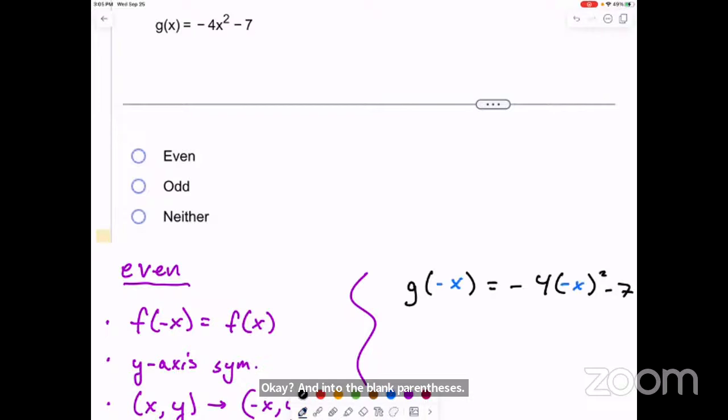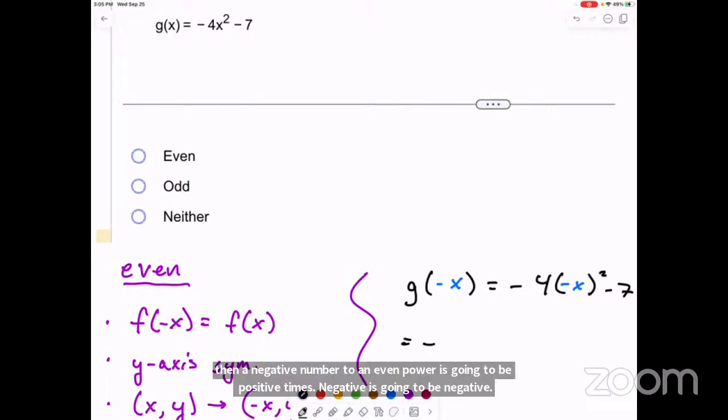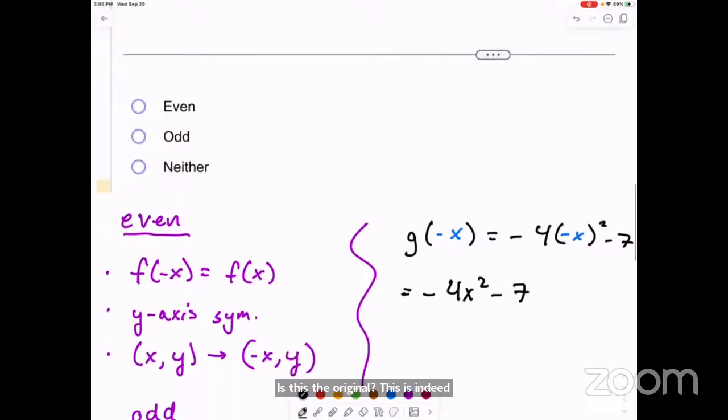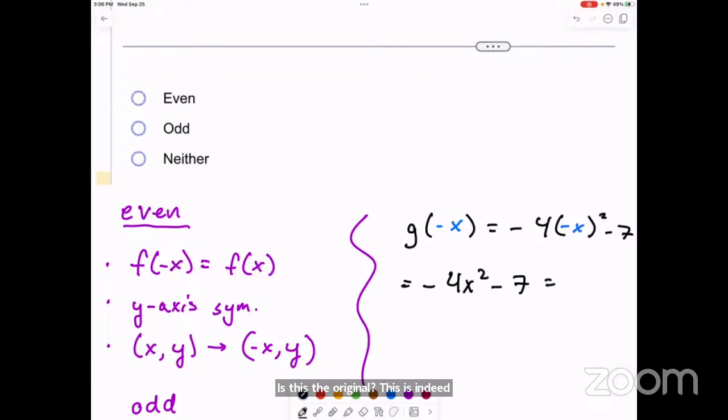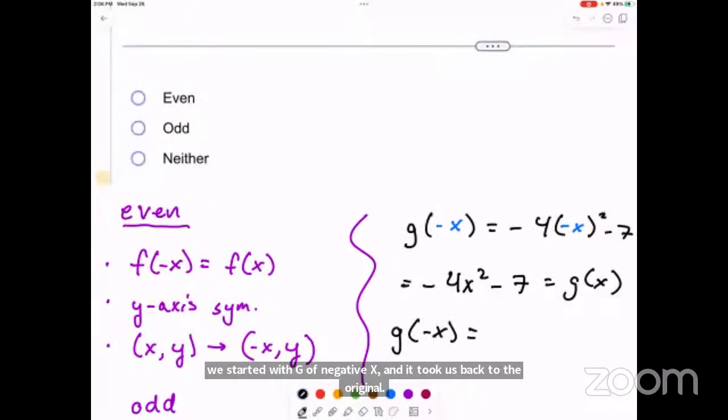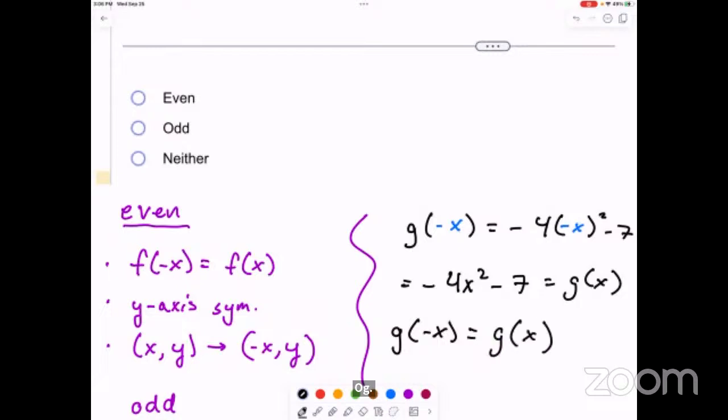A negative number to an even power is going to be a positive. Positive times negative is going to be negative. Is this the original? This is indeed the original. So we started with g of negative x, and it took us back to the original. So that's the definition of a function being even.